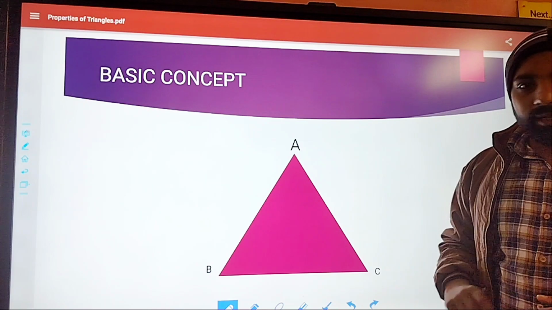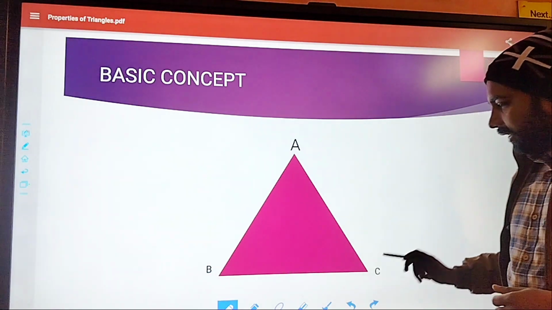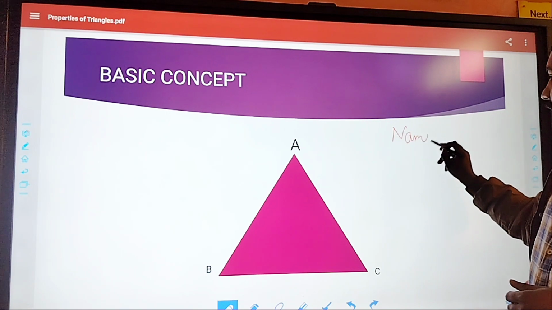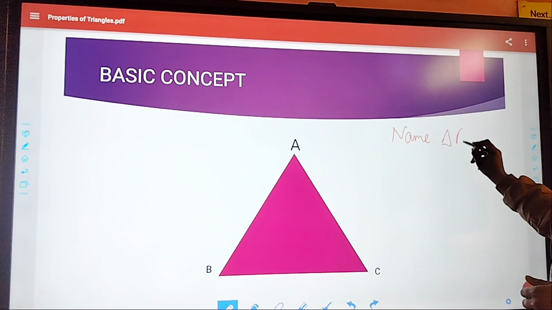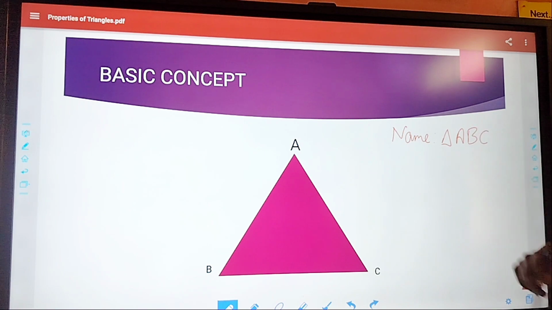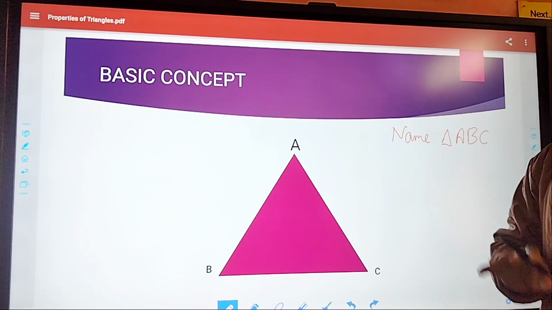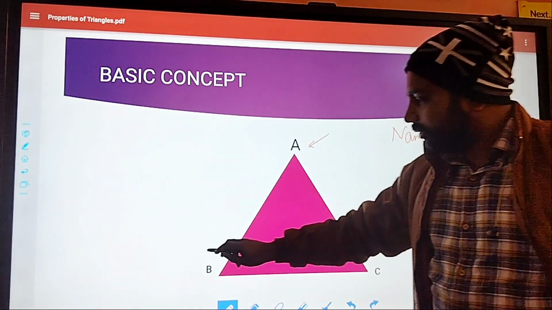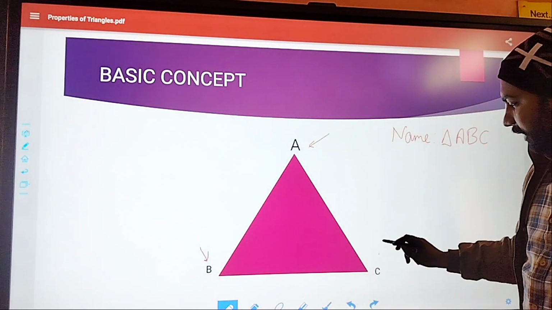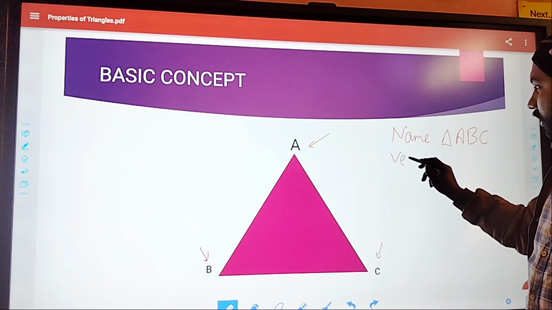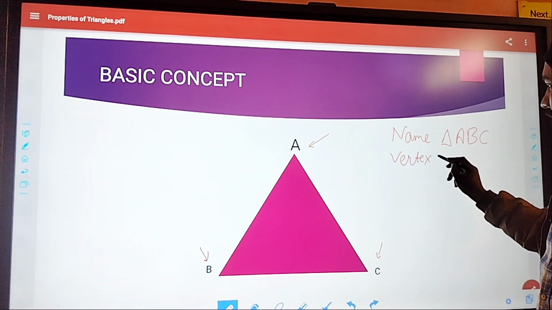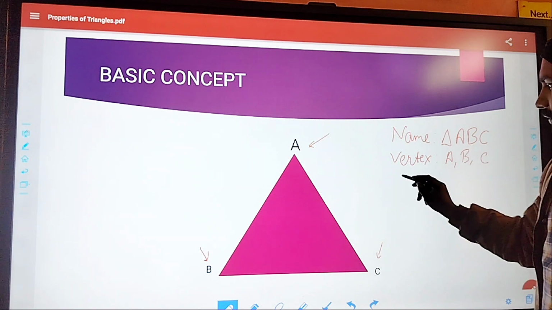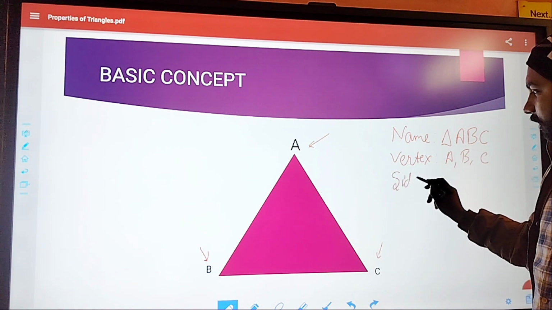The triangle name will be triangle ABC. In this we can name some of the following parts. We have three vertices here, A, B and C. We can also name the sides of this triangle.